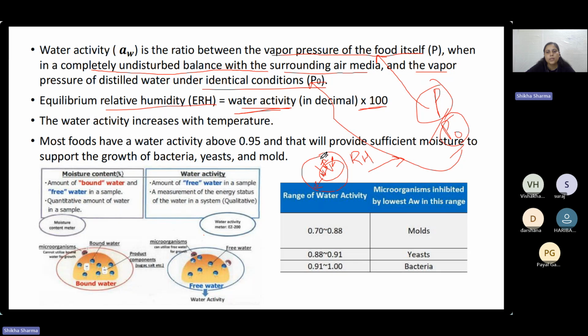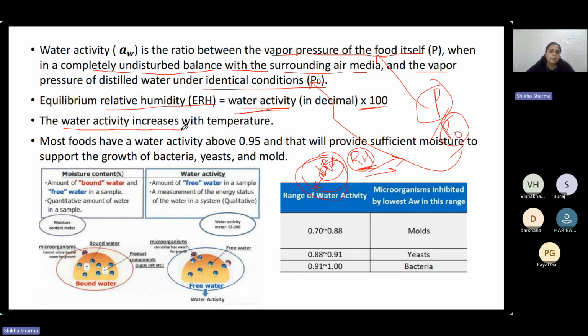That is the equilibrium relative humidity, and the relative humidity in the outside air, which is far from the food, is just the relative humidity. Near the food product it is equilibrium relative humidity, so that is the difference.